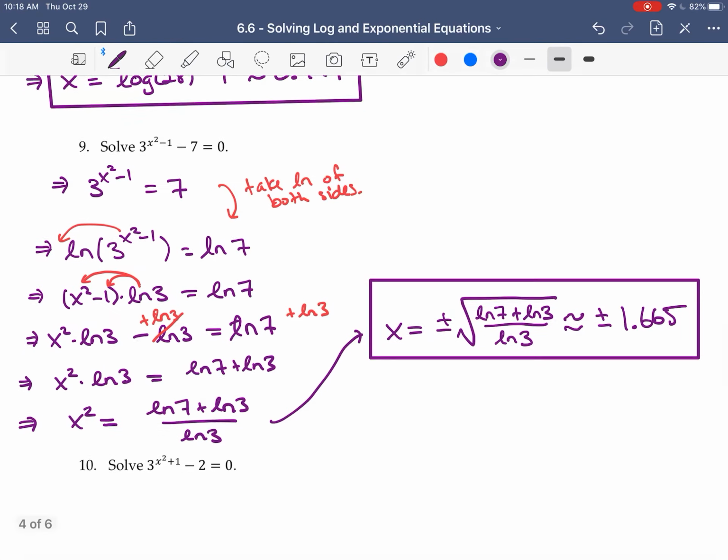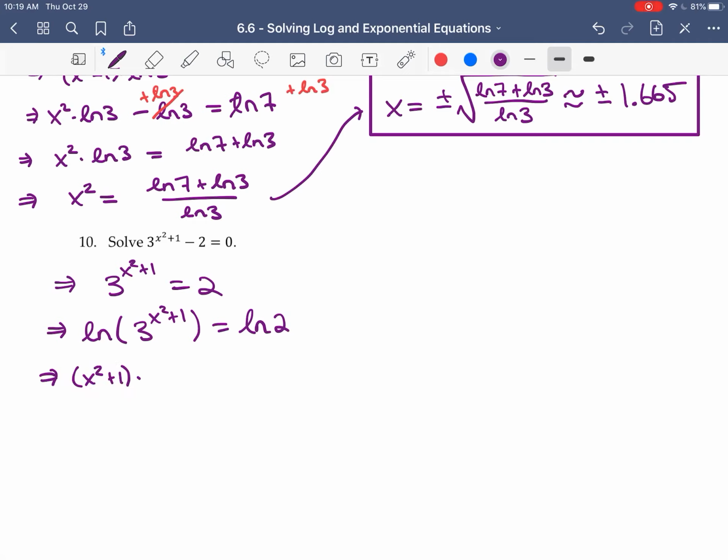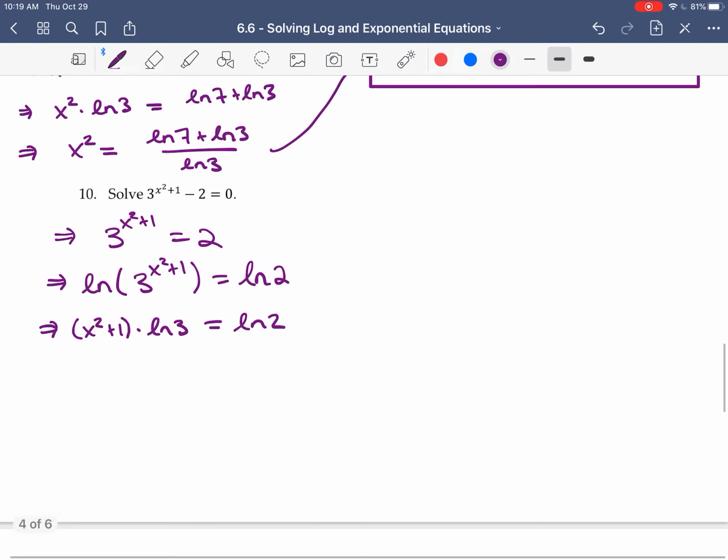Okay, here's another very similar one, so we're going to do it very similarly. Move the 2 over, and I have 3 to the x squared plus 1 equals 2. Then I can take the ln of both sides. So ln of 3 to the x squared plus 1 is equal to ln of 2. Bring the exponent down. So x squared plus 1 times ln 3 is equal to ln 2.